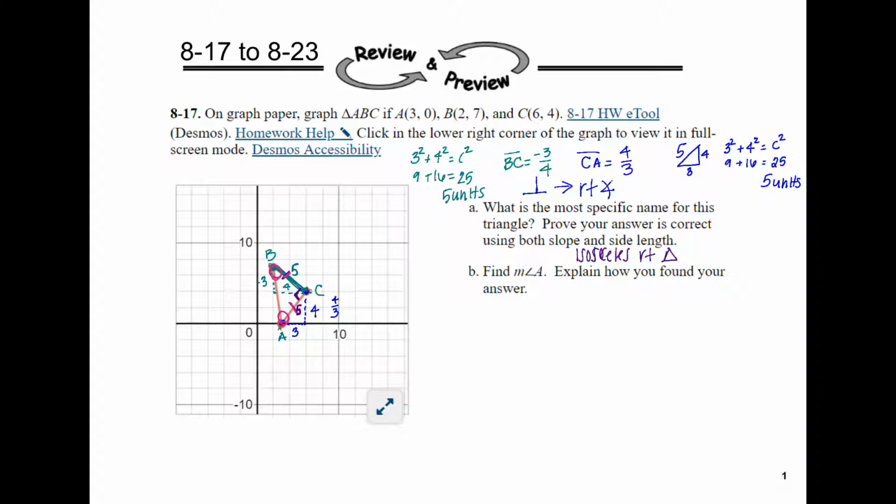We know that the angles of a triangle add to 180 degrees. So if we subtract our 90 degrees out, we have 90 degrees left. We need to divide it by 2 because it's an isosceles triangle. So the measure of angle A, and actually the measure of angle B, is equal to 45 degrees.